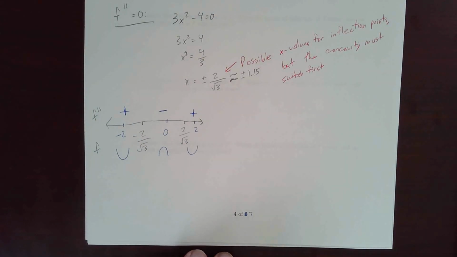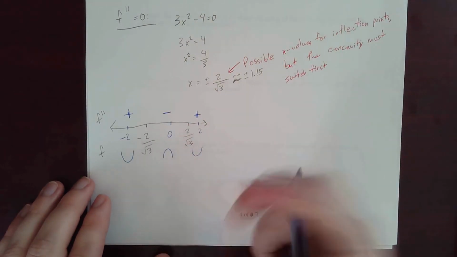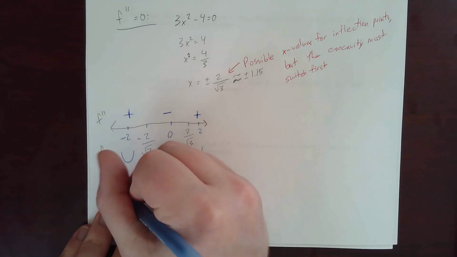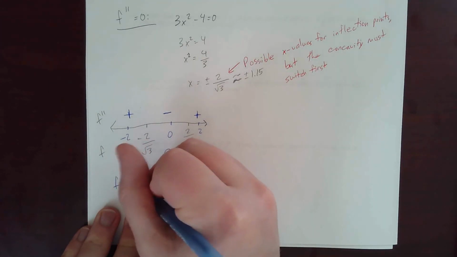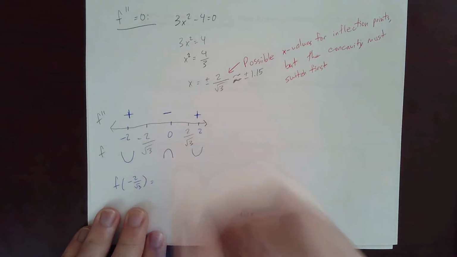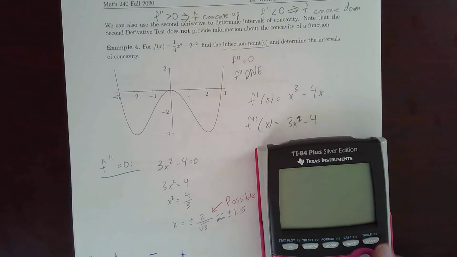So if we want to go ahead and find the inflection points, then what we'll be doing is we'll be plugging back into the original function. So if we had f of -2 over the square root of 3, this will be us taking our -2 over the square root of 3 and plugging it into this function. So it'll be 1 over 4 times -2 divided by the square root of 3, all raised to the 4th power, minus 2 times -2 divided by the square root of 3, all raised to the 2nd power.